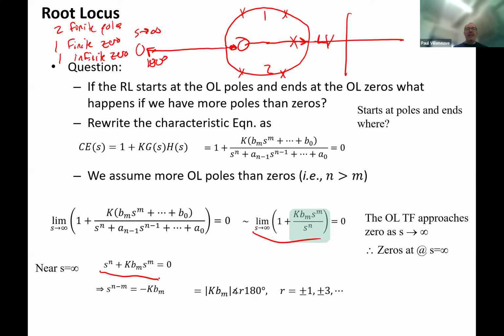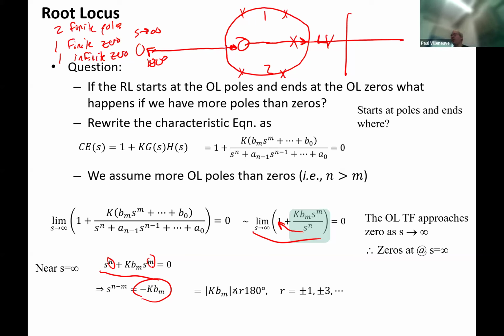Here's what we have, right? We have S to the M plus K B_M, and when we move this term up to the numerator, we have 0. Then we can solve for our K term, or our K B term. And B is just a coefficient, a random coefficient. S to the N minus M: this is the order of the numerator, the highest order S term in the numerator, and this is the highest order S term in the denominator.